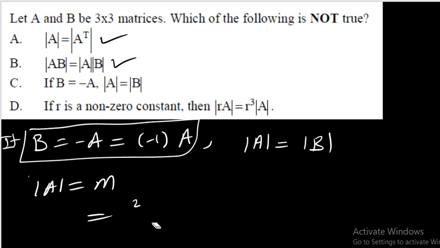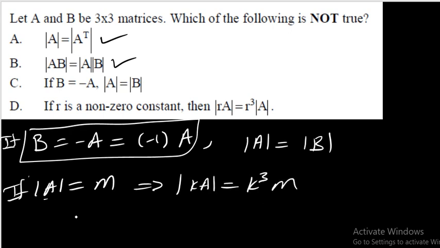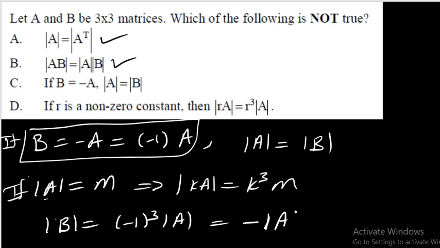Now this time, since we are talking about a 3 by 3 matrix, if the determinant of A is equal to M, this implies the determinant of K times A is equal to K cube times M. So now B is equal to negative 1 times A. So the determinant of B must be negative 1 cubed times determinant of A, which is negative of the determinant of A. Negative 1 cubed gives us negative 1.